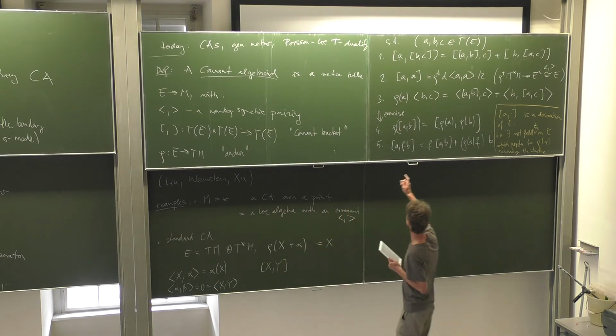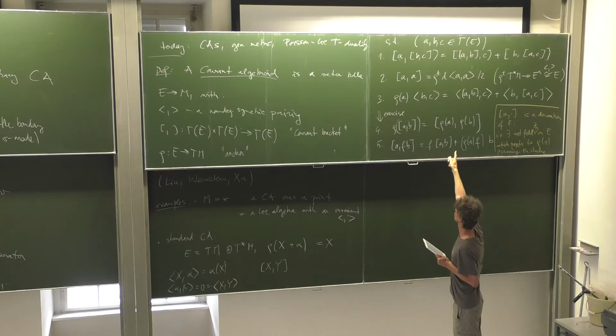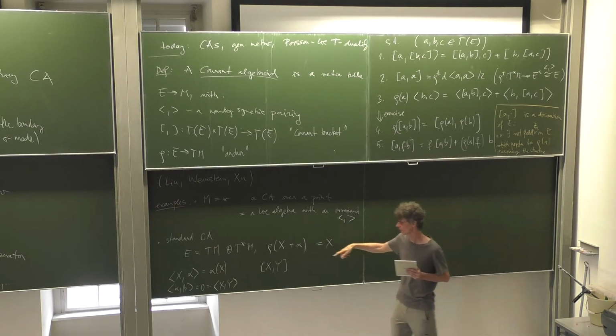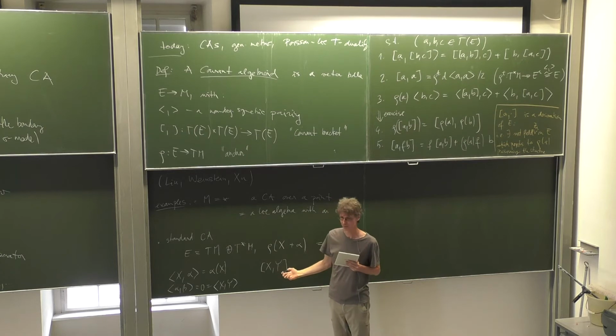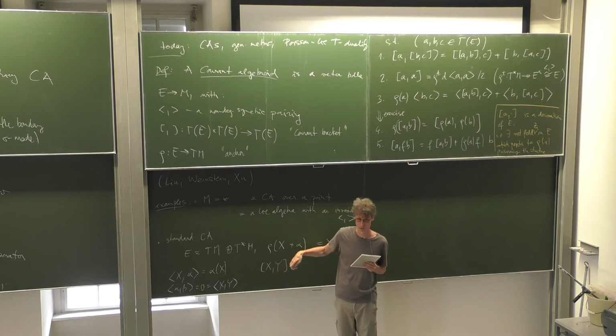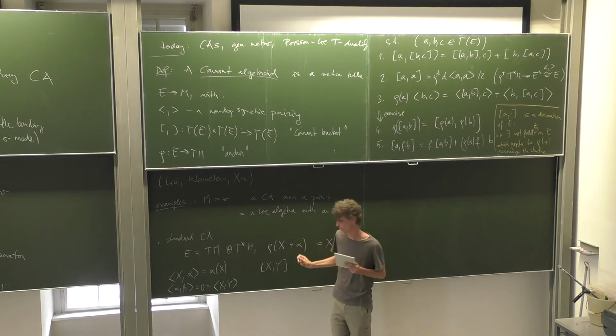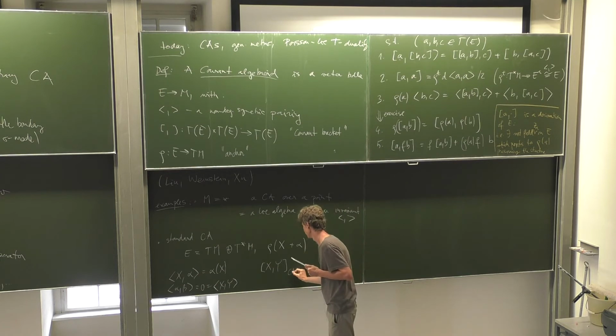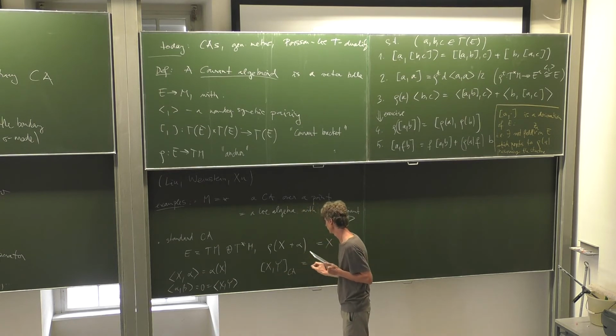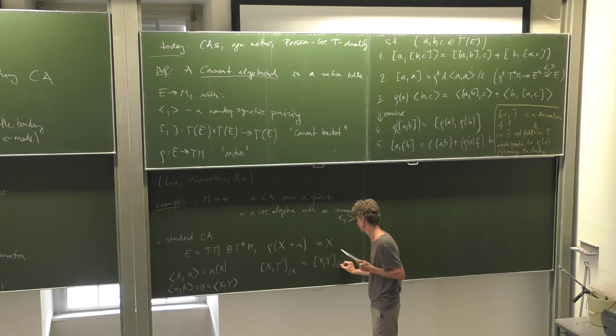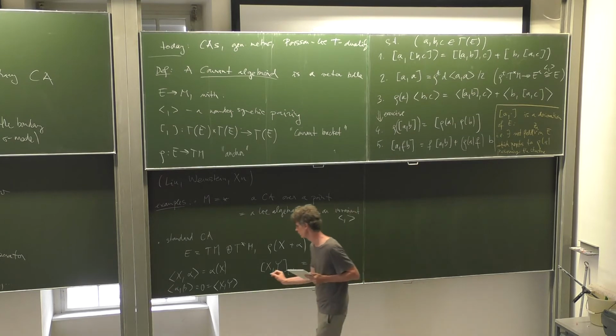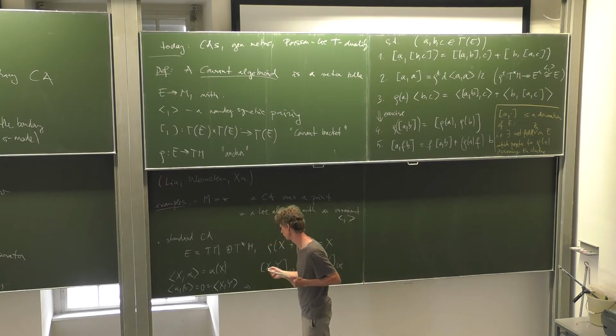By this property 4, it should be just the Lie bracket of those vector fields, but maybe plus some one form. But if you declare that this one form is 0, so that the Courant bracket is just equal to the ordinary Lie bracket of X and Y, then from that, the rest of the story is easy to compute.